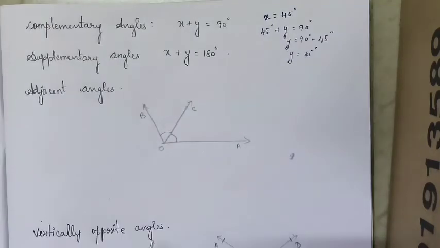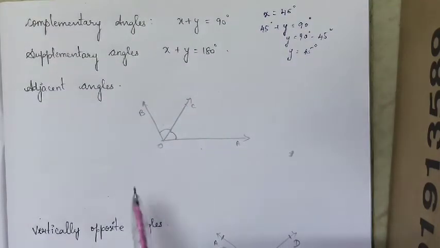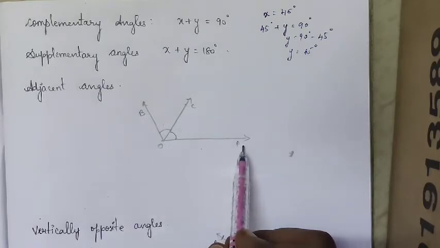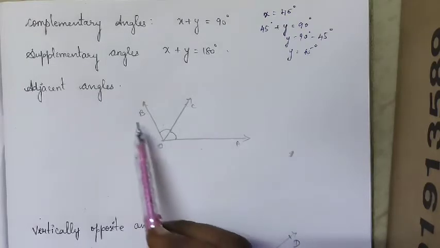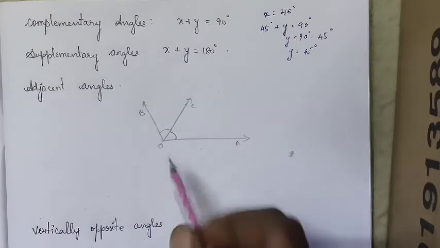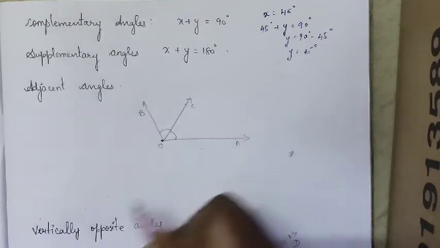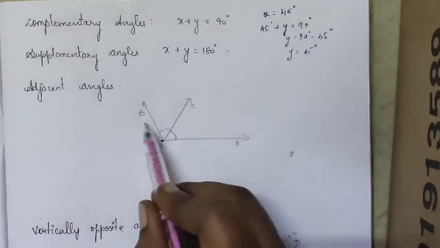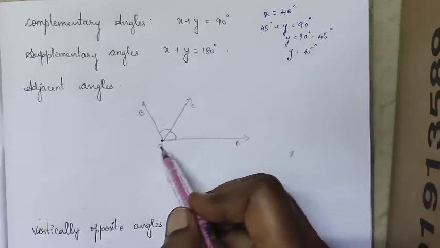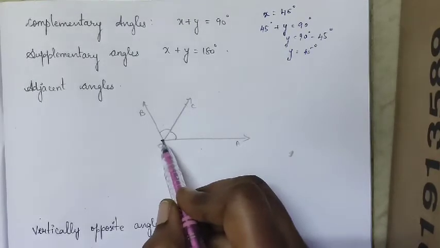The next topic is adjacent angles. See here, this is a ray OA. This is OB. These two are rays starting from the point O. Now for these two, I have a common ray, that is OC, starting from the same point.